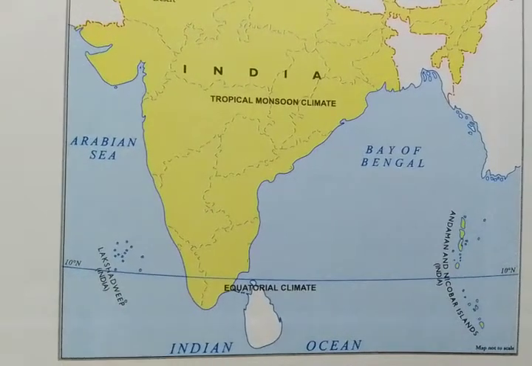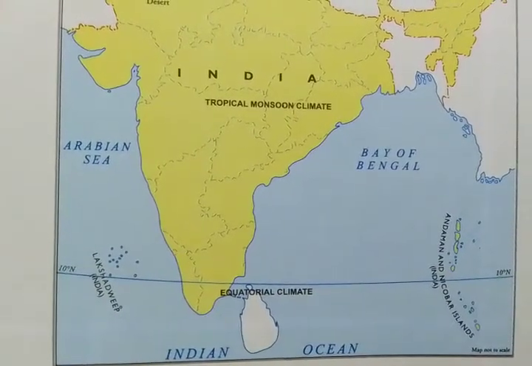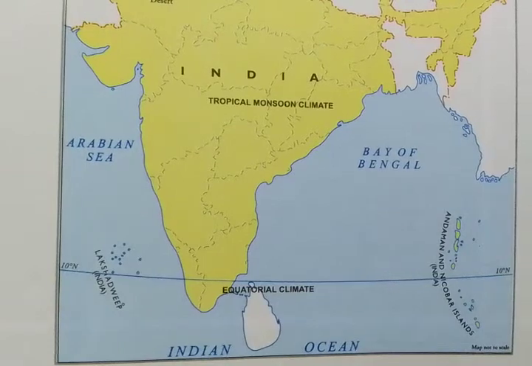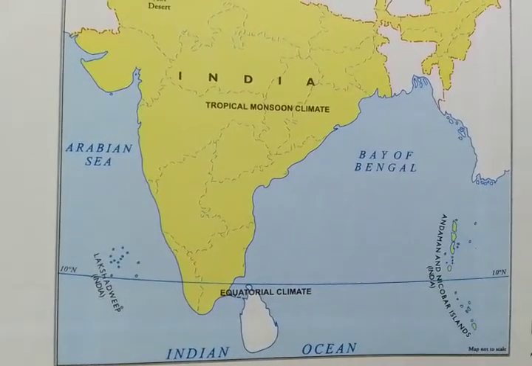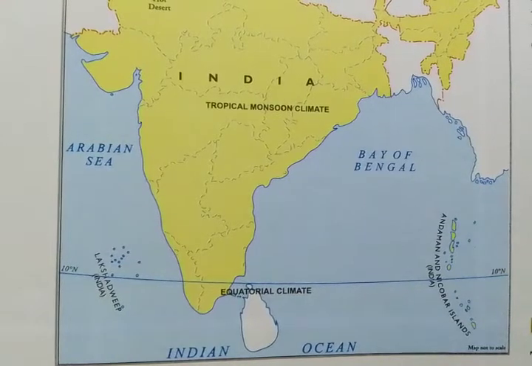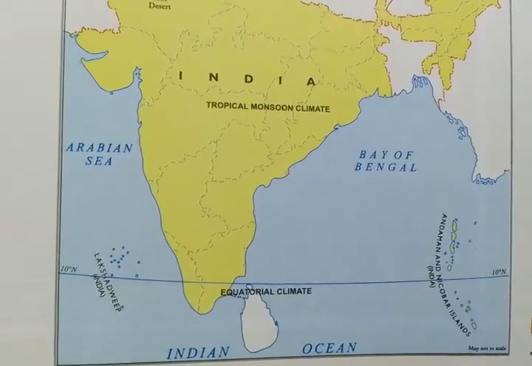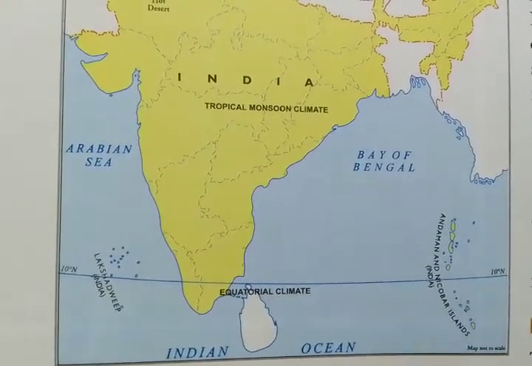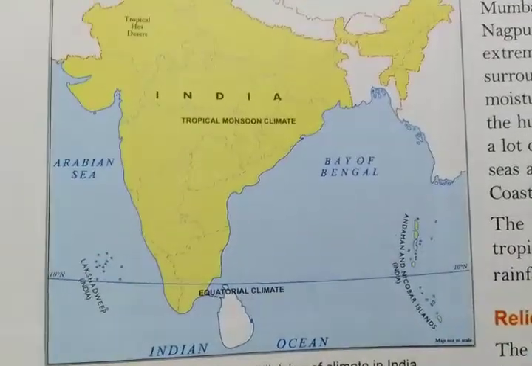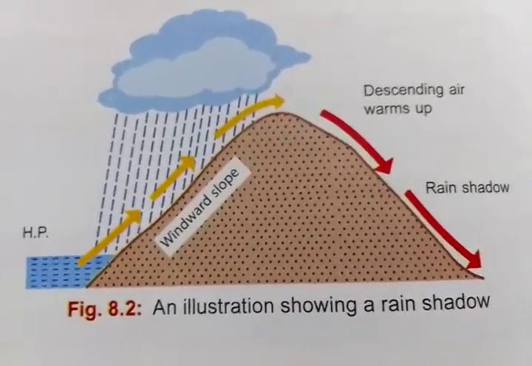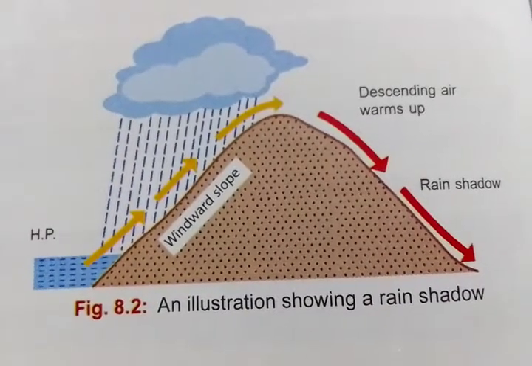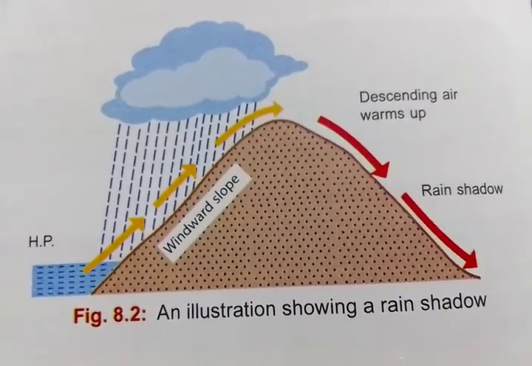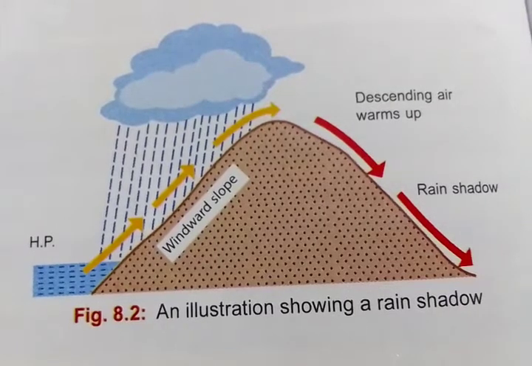Now about relief features. Actually, the Himalaya acts as a climatic divide in India. The rain-bearing wind from the sea ascends up the slopes, which produces heavy rainfall on the windward side, and the leeward side, the opposite side in Tibet, is a rain shadow.